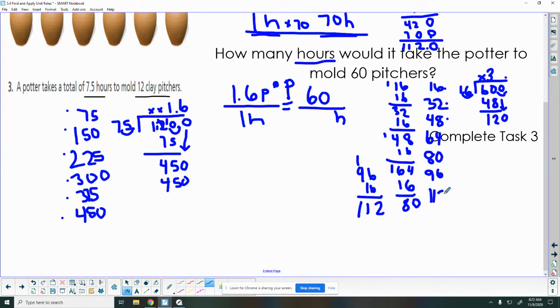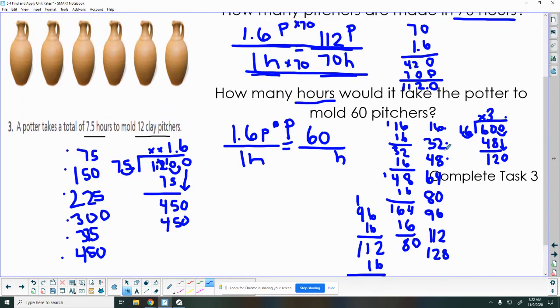At 112, if I do 16 more, I believe that will be too big. So 128, yep, too big here. So it goes into 120, 1, 2, 3, 4, 5, 6, 7 times. So 7 times 16 was 112.